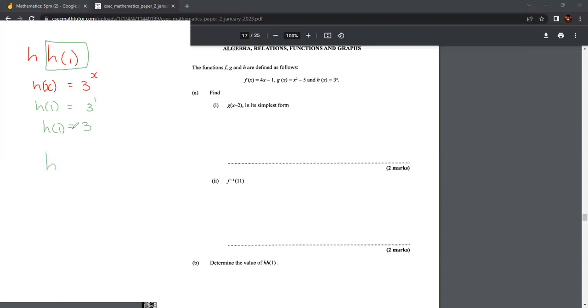So we then have h of 1 is 3. So I'm now going to find h of 3. That means wherever I have x, I'm going to substitute it with 3. So it's going to become 3 cubed. 3 3s are 9. 9 3s are 27. So h of h of 1 is 27.